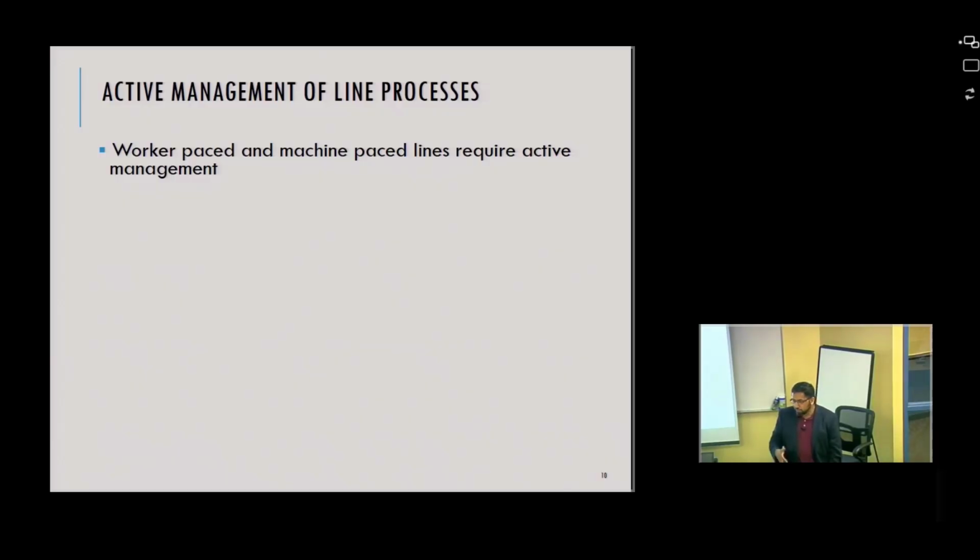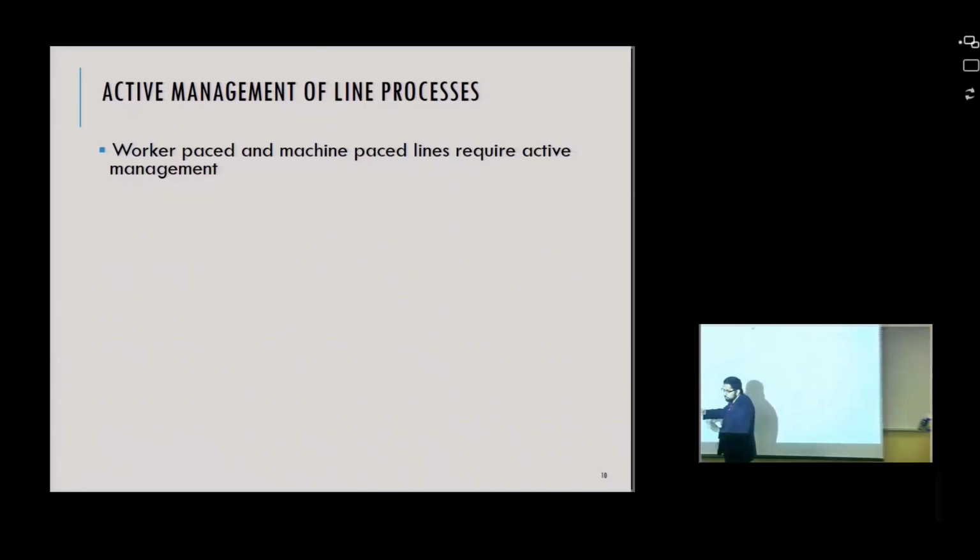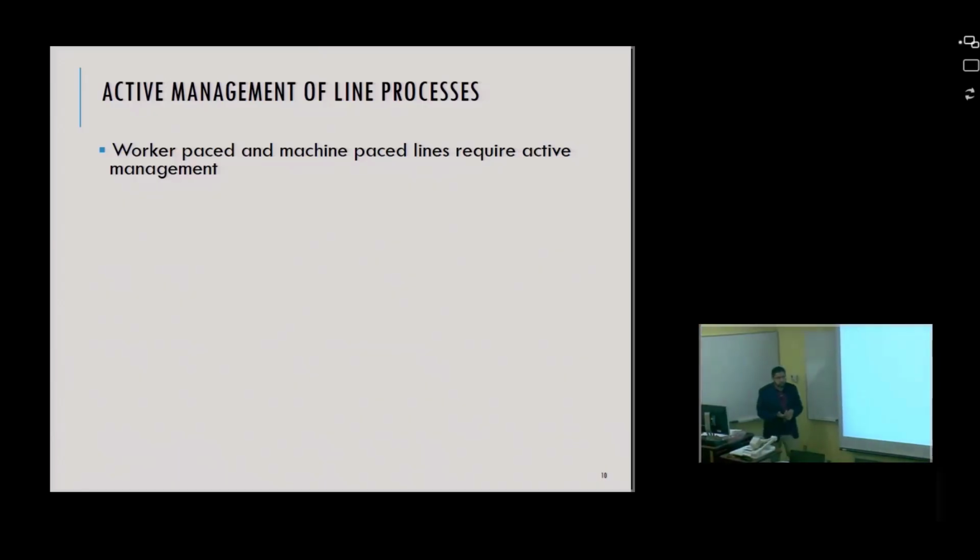So you may have a line designed for 12 workers, and then one day only 10 show up. So now you have to reassign the work across 10 stations, or quickly train somebody else to fill in the spot, or you might have some floater workers, things like that. So there's always something going on where you have to readjust the line. So the line is almost never constant over a long period of time. Then you could have workers get tired at the end of the day, so maybe they'll start working slower.